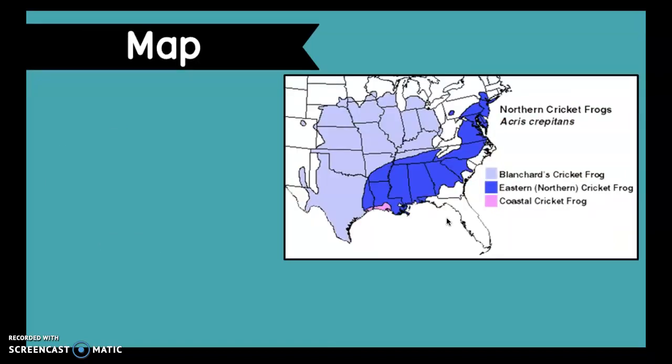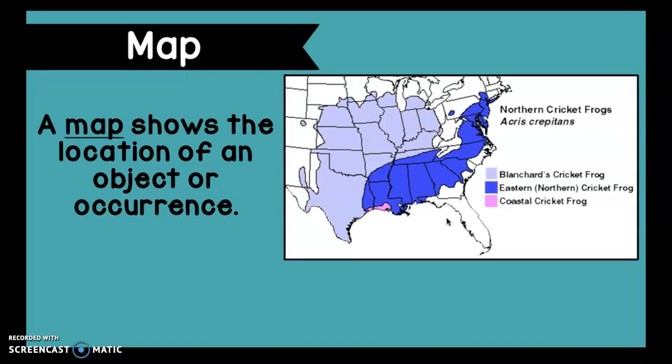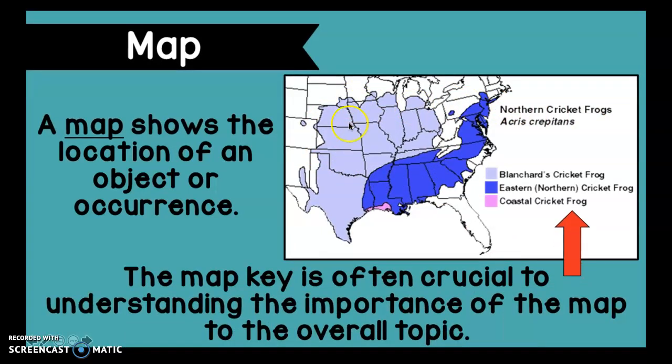Here we have a map. A map shows the location of an object or occurrence. So here we have the map of the United States. This map key, this is called a map key right here, is often crucial to understanding the importance of the map to the overall topic, okay?